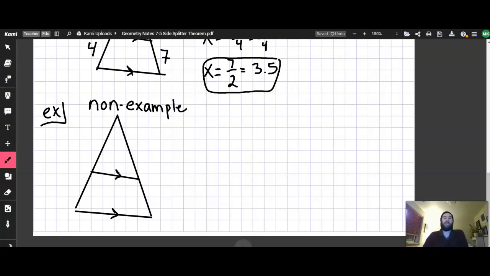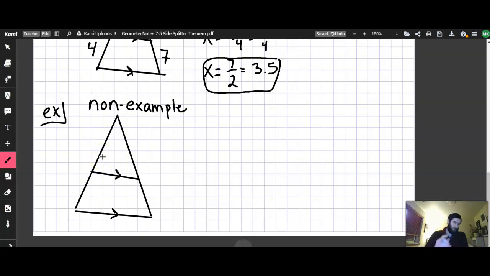Why? Because in this particular example, we will not have the side splitter theorem. Yes, we have parallel lines, and yes, these sides are being split by the side splitter theorem.